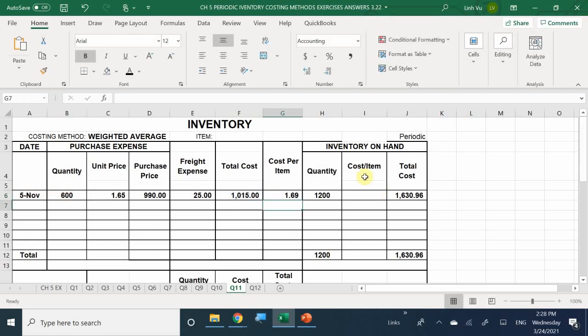In this case, does it matter if we calculate the cost per item? No, because we're rounding. Well, no, because we have beginning inventory. So at the end of the day, this is just extra work for you guys.